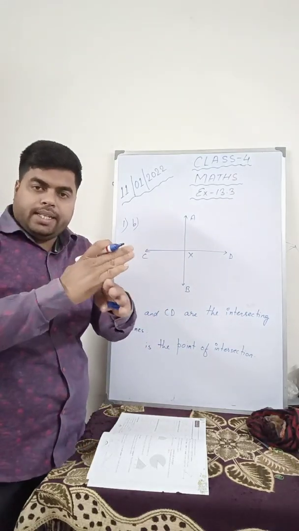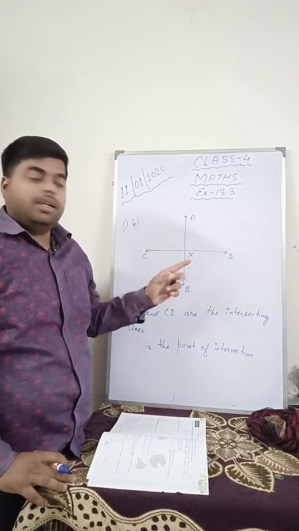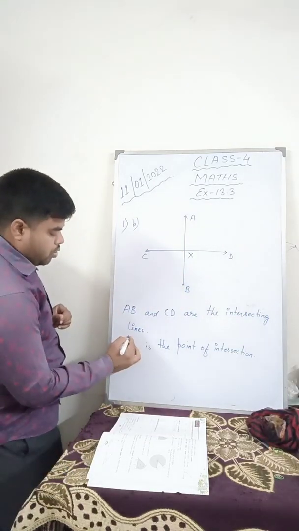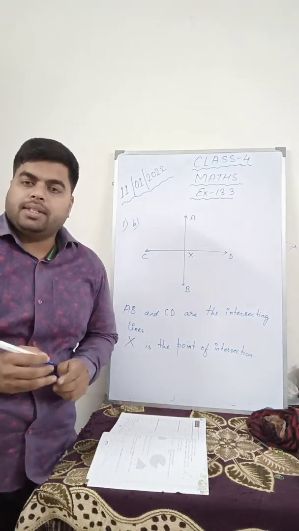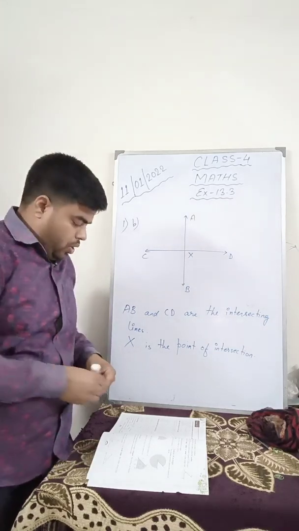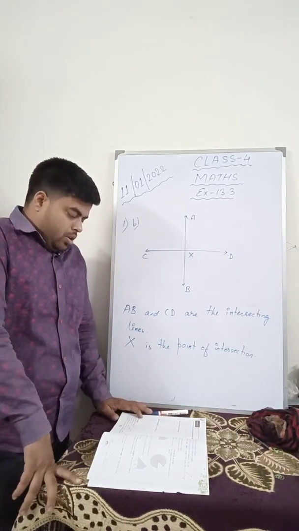They are crossing each other, and the point of intersection where the lines are crossing is X. So X is the point of intersection. I hope you have understood.